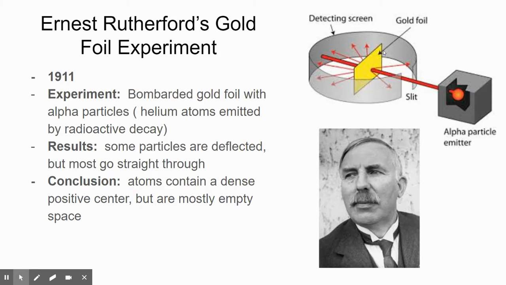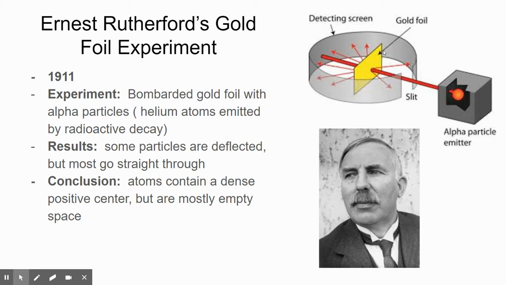But what instead he saw was that actually most particles went straight through. Most particles weren't deflected or reflected back. Okay. A lot of particles went straight through. Some of them were slightly deflected. So what he thought was, oh wow, that's interesting. That atoms must be then mostly empty space.